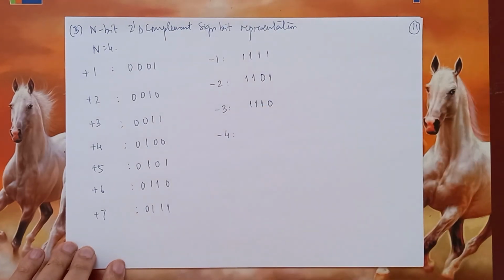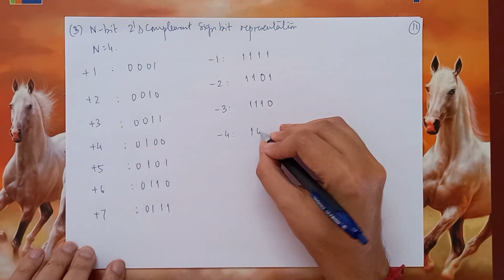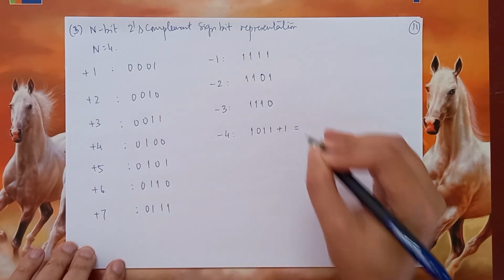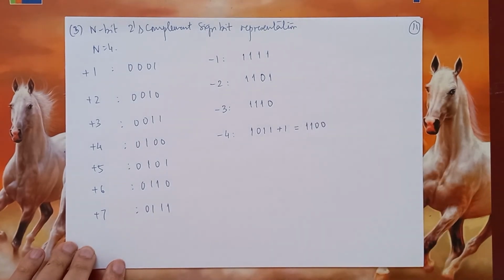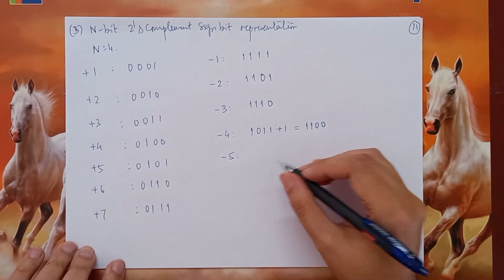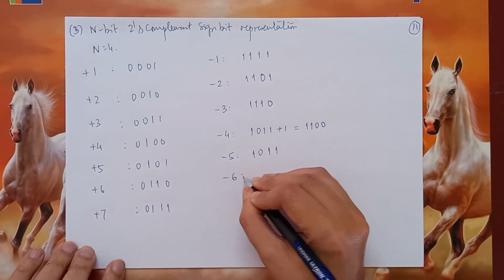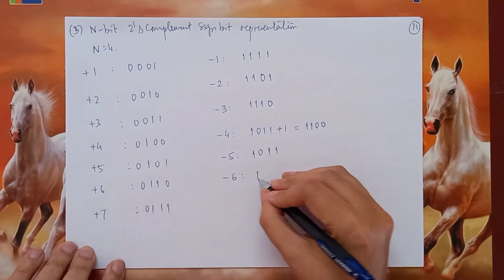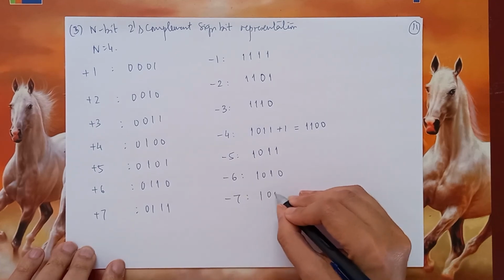Let's just check once. So -4 will be the 1's complement of this, that is 1011, plus 1, that is 1100. Likewise, -5 will be 1011. -6 will be 1010. And -7 will be 1001.